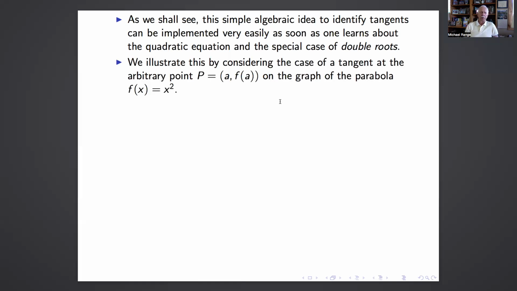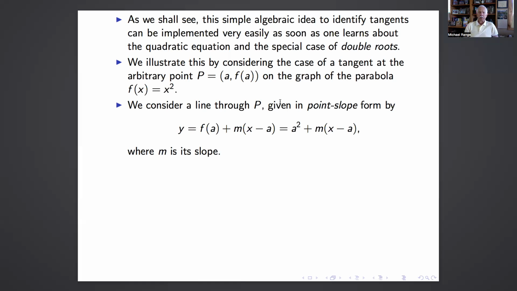We illustrate this by considering the case of a tangent at the arbitrary point P = (a, f(a)) on the graph of the parabola f(x) = x^2. Now we consider a line through this point P, and it's defined in point-slope form by the formula y = f(a) + m(x - a), where m is a slope.